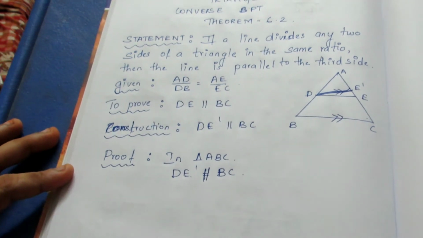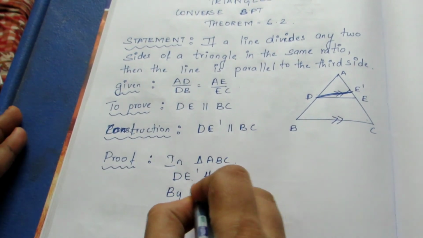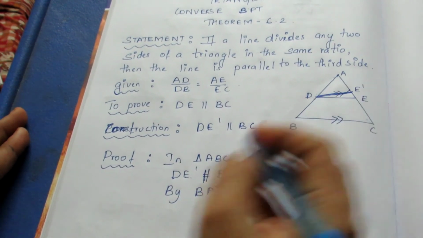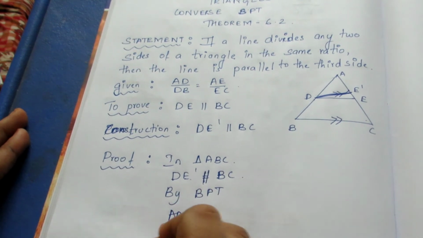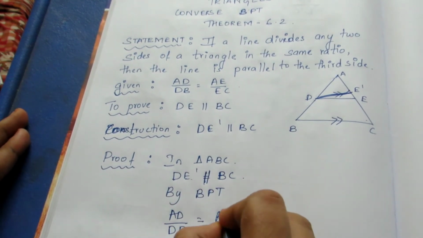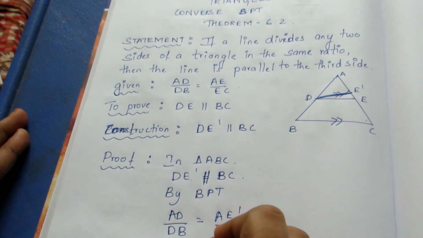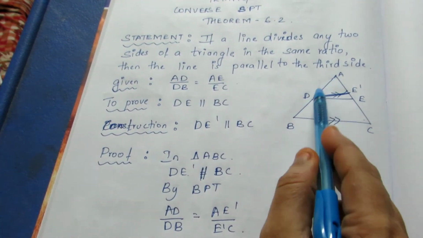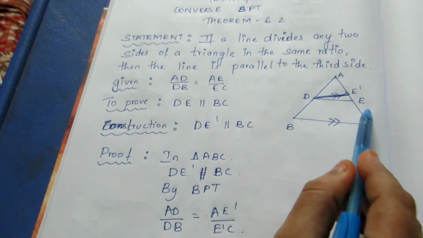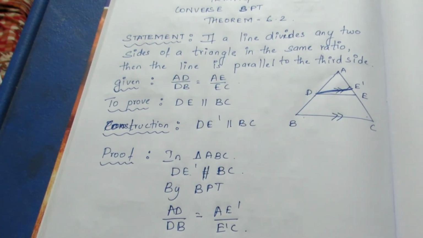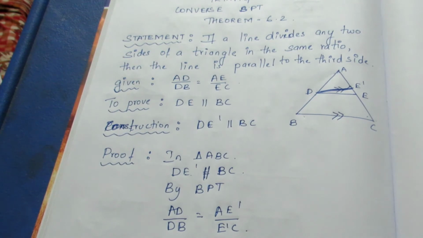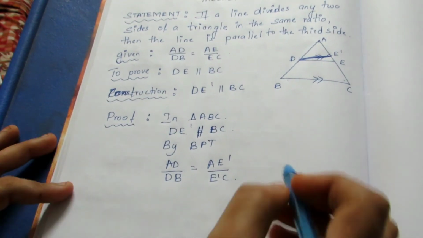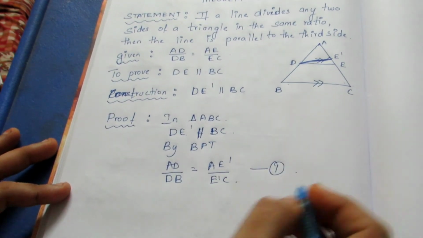So by BPT we can write AD by DB equal to AE dash by E dash C. As it is parallel, we can write by BPT this by this is equal to this by this, because the two lines are parallel. We have learned the BPT theorem before. We can directly say these two are divided in the same ratio. Now let me take this to be equation 1.